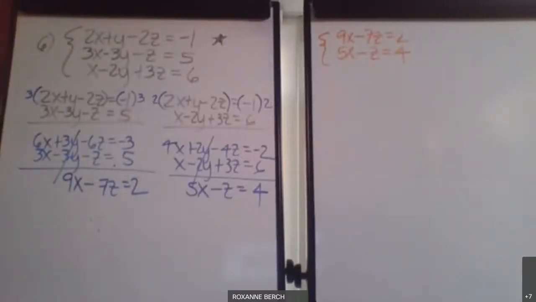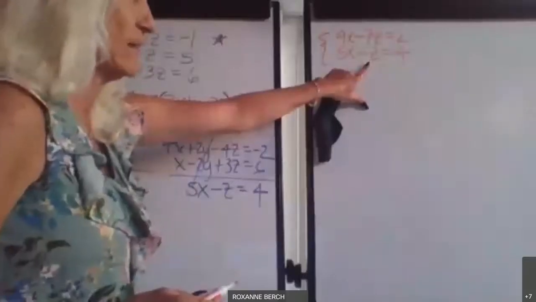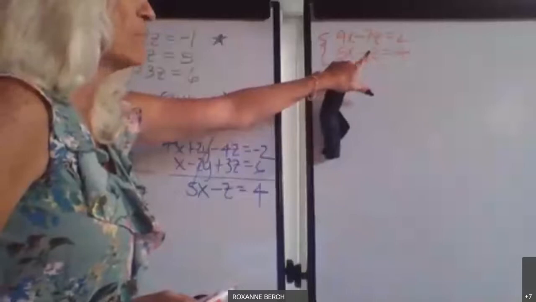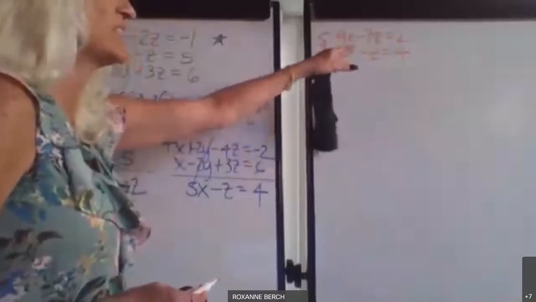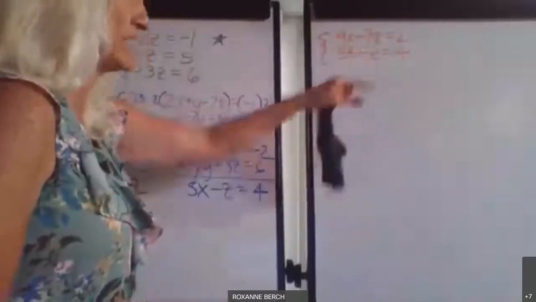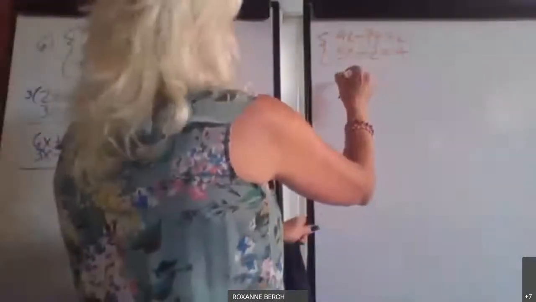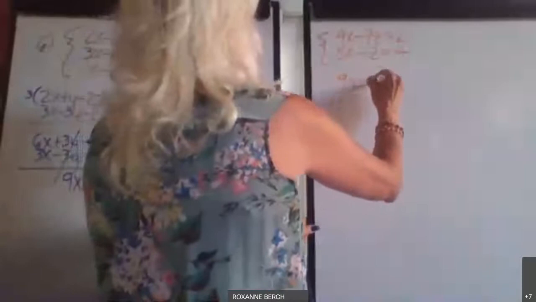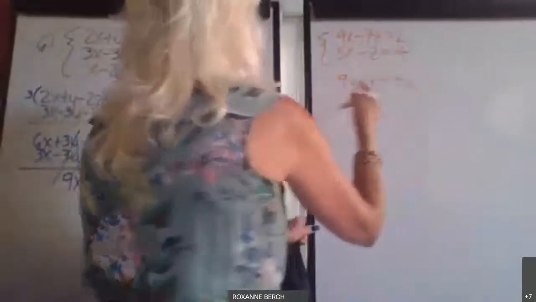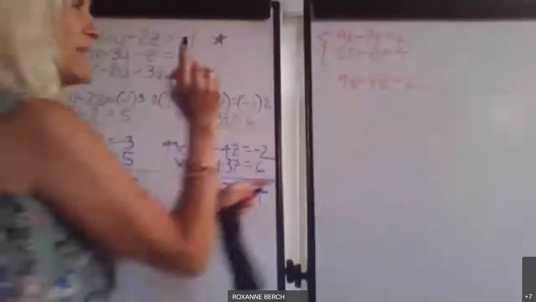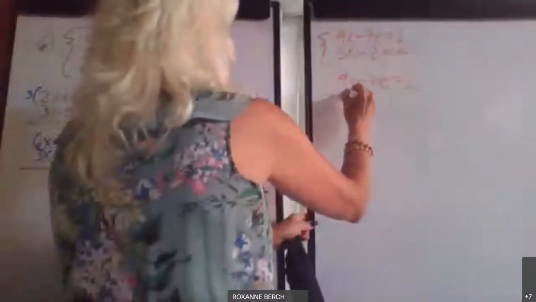Yes, please. Okay. So this time I'm going to eliminate the z because I can multiply by a -7 and make that a +7. So I'm going to use elimination. So I have 9x minus 7z equals 2. I'm going to multiply the bottom by a -7.